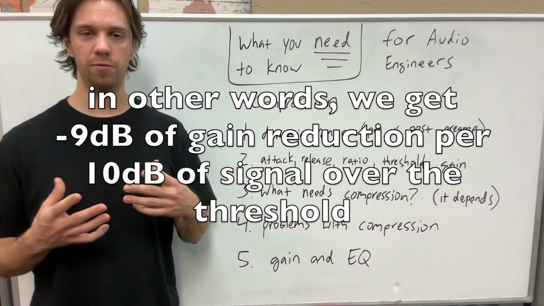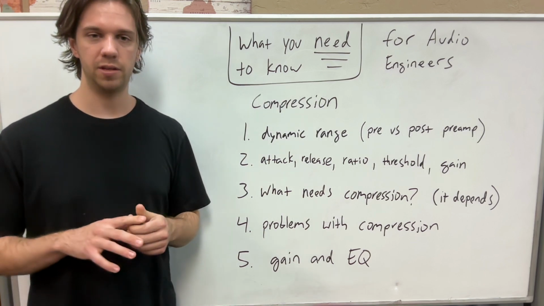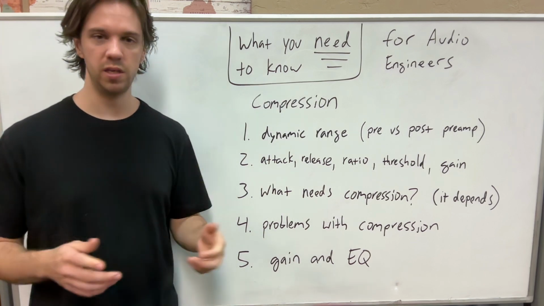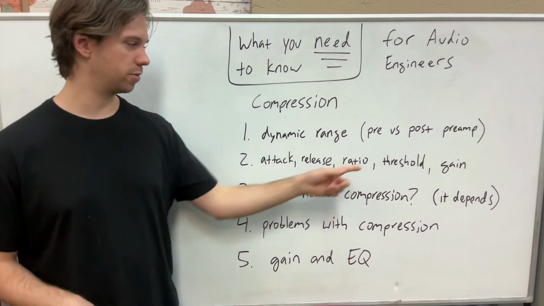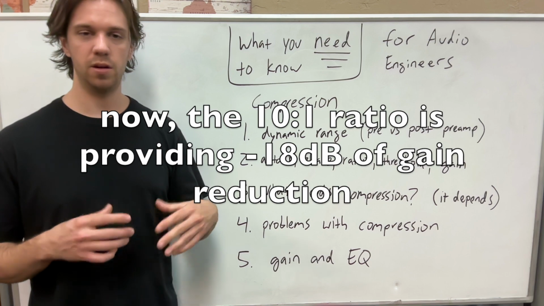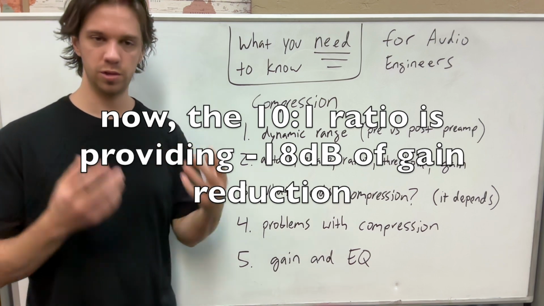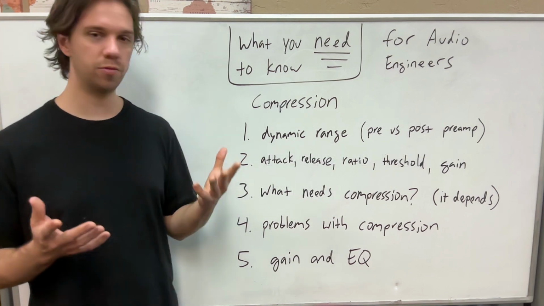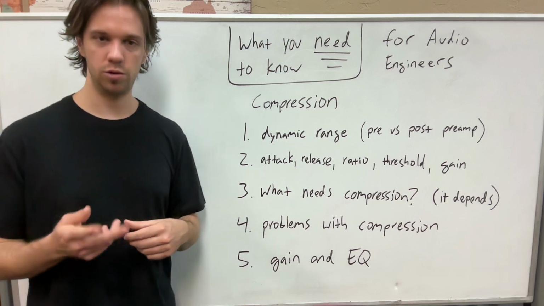So if you have a signal that is reaching 20 decibels above the threshold, and you have a ratio of 10 to 1, then the compressor will reduce the signal above the threshold to 2 decibels.